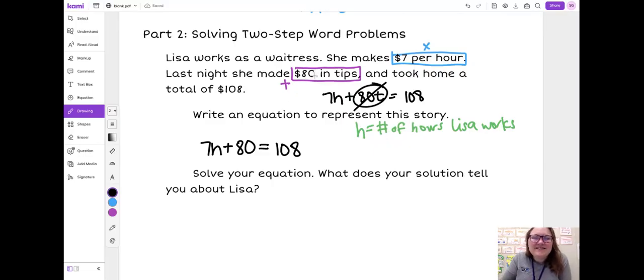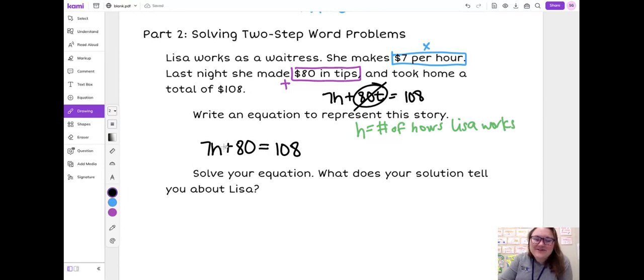That's already a number I know. There's nothing I don't know about it. The big mistake I see a lot of students making is putting letters next to every number as a way to name the number, and that's not what we're doing. I need h with my 7 because I don't know how many hours she works. I don't know what I'm multiplying 7 by. 80 doesn't need a variable.